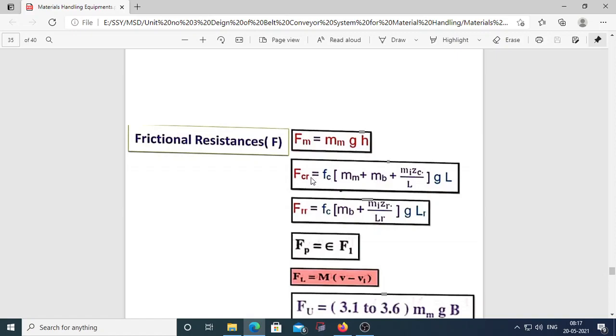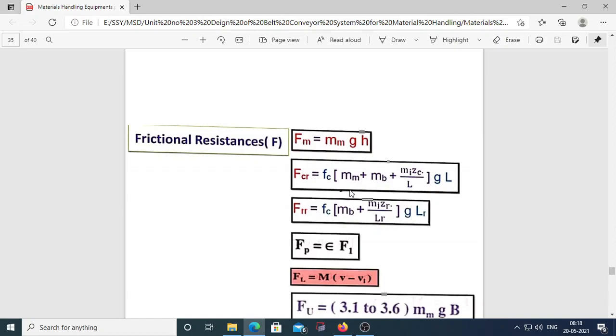Then second is the frictional resistance due to the idler. There are two types of idler, carrying idler and return run idler. The formula for the carrying idler is Fc equal to (mm plus mb plus mi zc) divided by L into g into L. For the return run idler, this mm is 0, because there is no load on the belt.